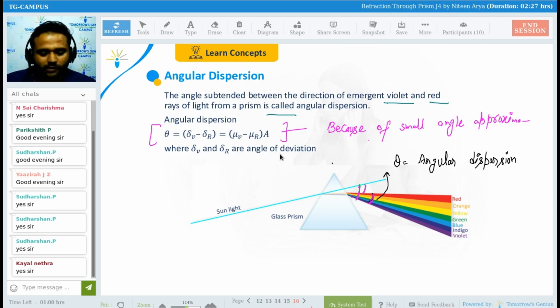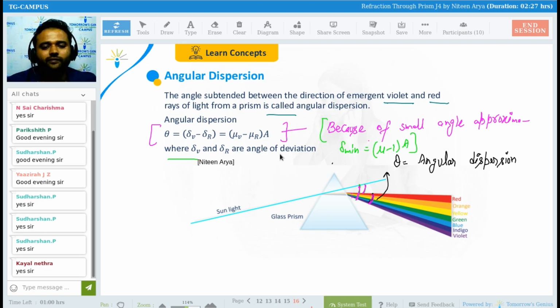The angle of minimum deviation is nothing but (mu minus 1) into A. So mu V minus 1 into A, minus mu R minus 1 into A, and the 1 is going to cancel. You just put this formula with the help of color.